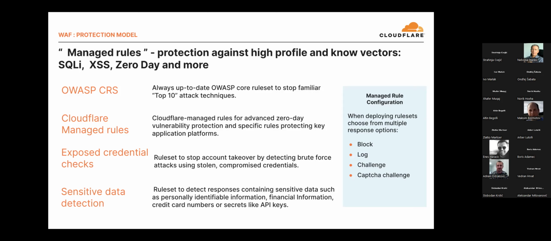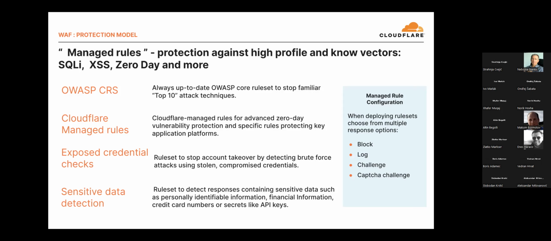When the score is more than the configured threshold, we can block, we can log, or we can apply a JavaScript challenge. A JavaScript challenge is one small piece of JavaScript code that we can send to the browser of clients in order to be sure that the traffic is generated by a real visitor.